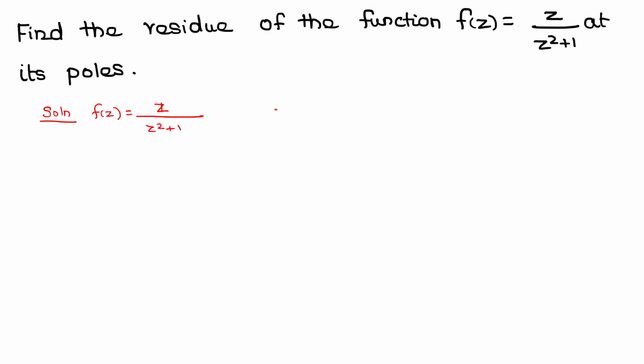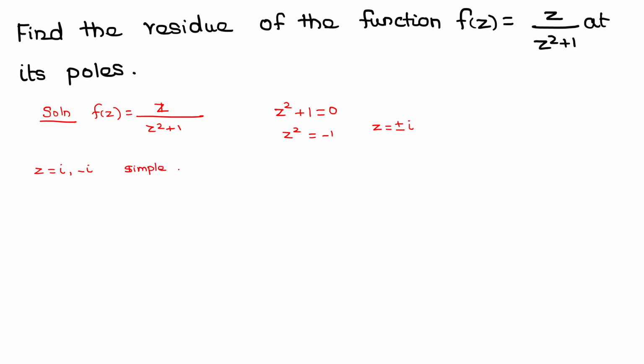So the denominator equal to 0: z square plus 1 equal to 0, z square equal to minus 1, z equal to plus or minus i. So we got z equal to i and minus i, and both are simple poles.